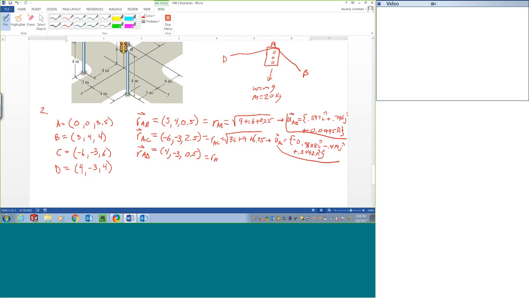So RAD, square root of 16 plus 9 plus 0.5, same values.